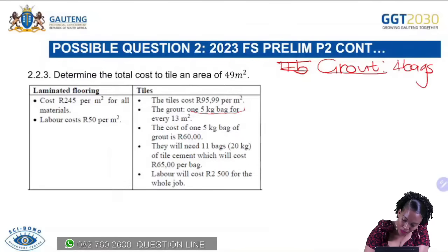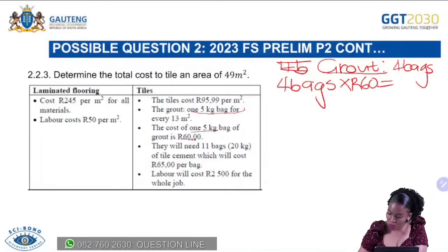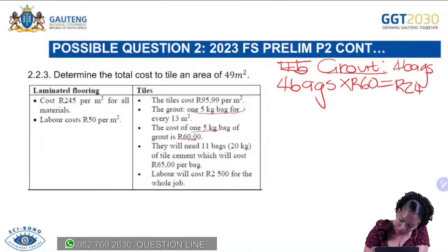The cost of one 5 kg bag is 60 rand, but in this case we want the cost for 4 bags. So 4 bags multiplied by 60, which equals, this is where the calculator comes in, 240 rand. So that is the cost for grout.